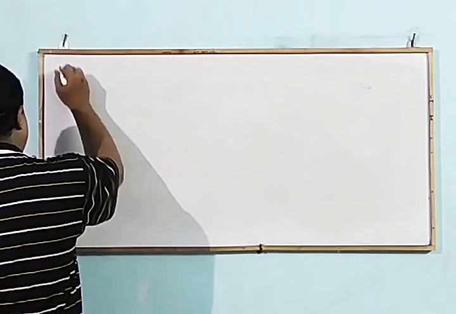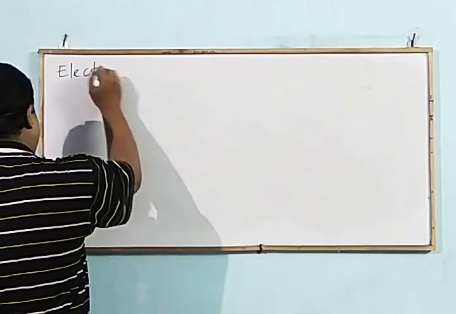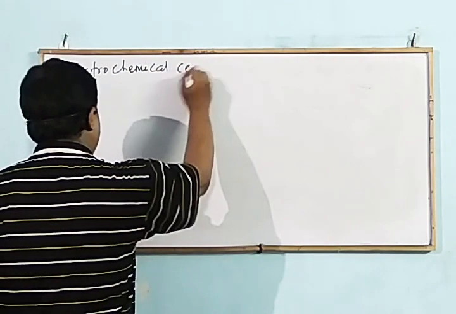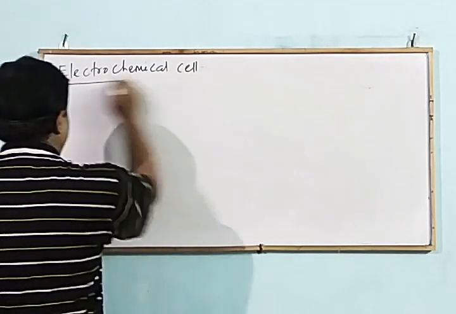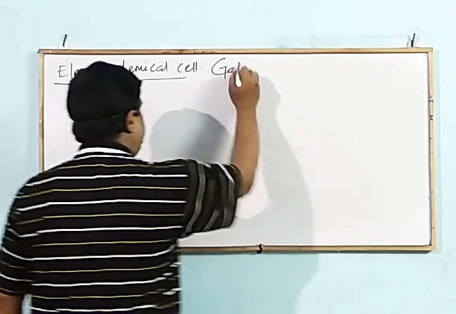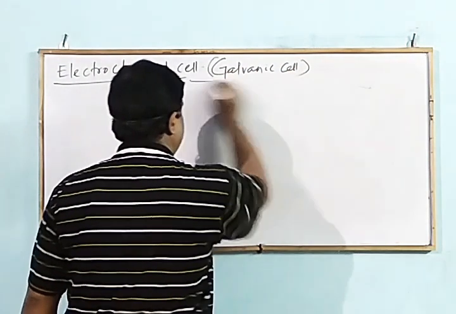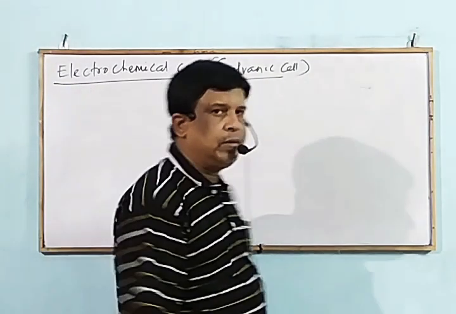Next is electrochemical cell or galvanic cell. Mark that.